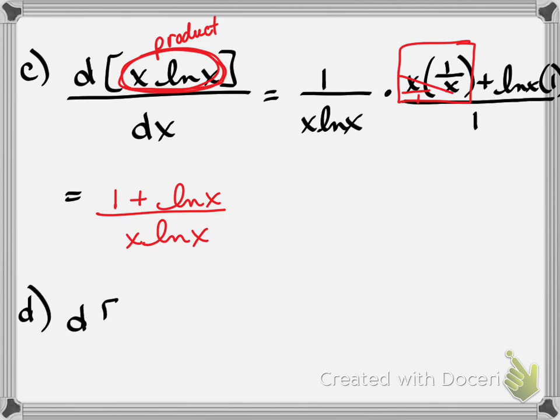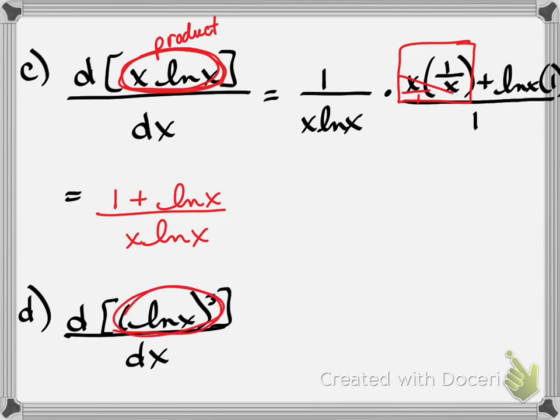The derivative of (ln of x) cubed with respect to x. So we are wanting to take the derivative of this, and when we go to take the derivative of that, we're going to do chain rule.